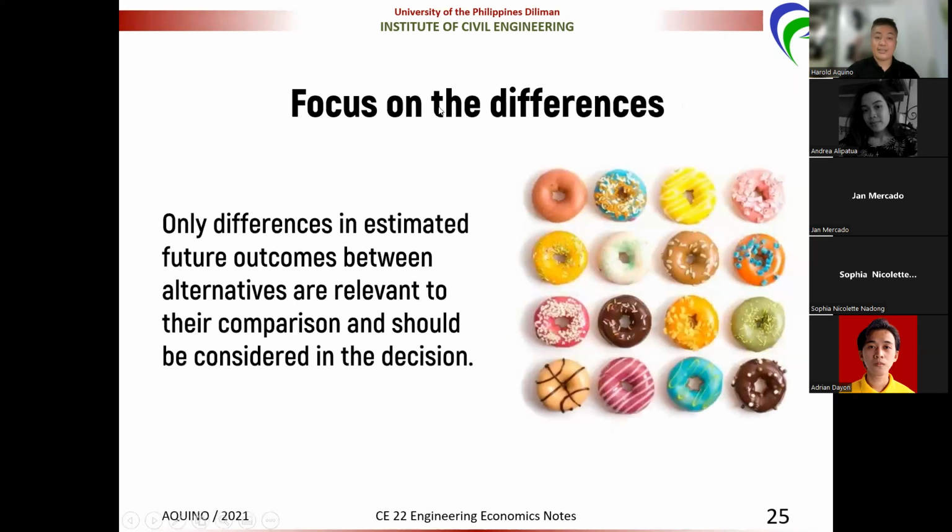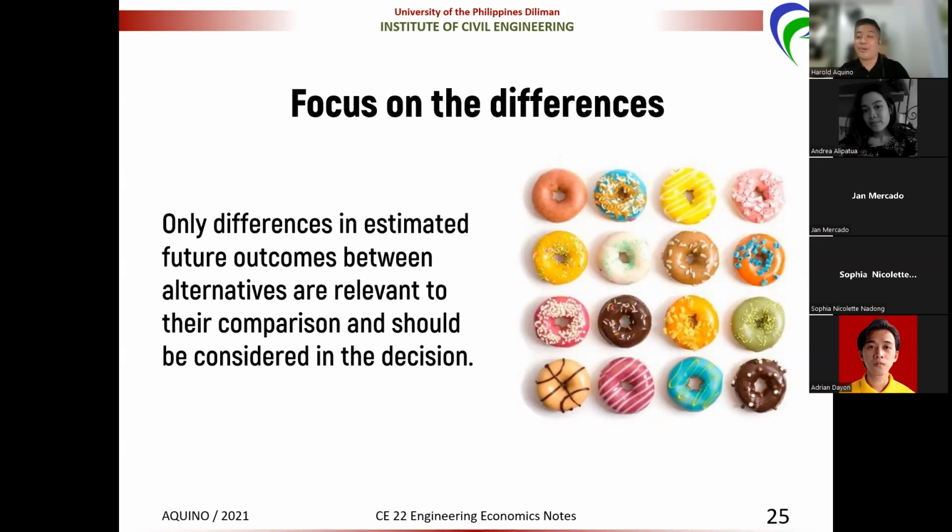And then, next, number 4 is that we should focus on the differences. No? This just has to be said, pero if we compare two things on a parameter that they're very similar in, it wouldn't lead us to a decision.